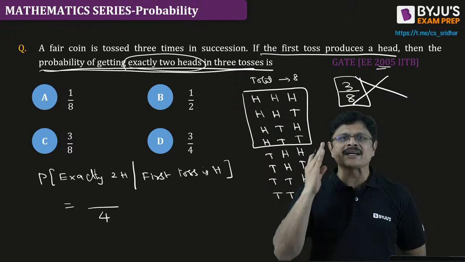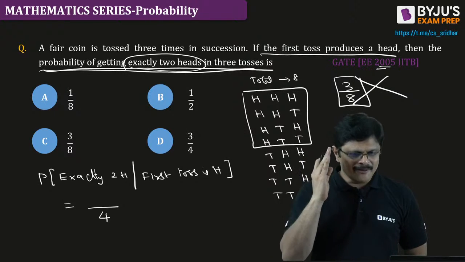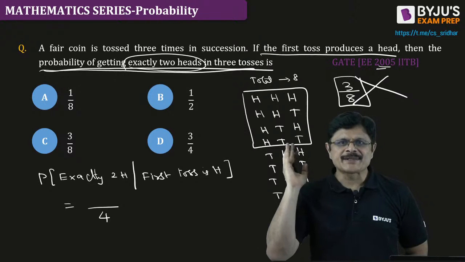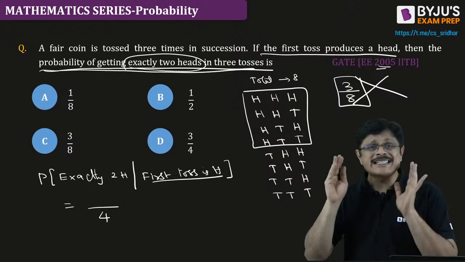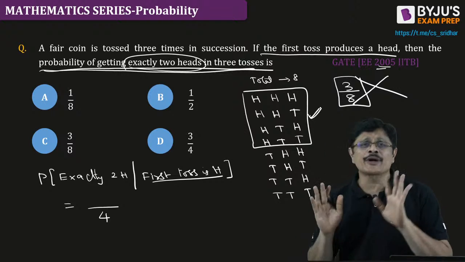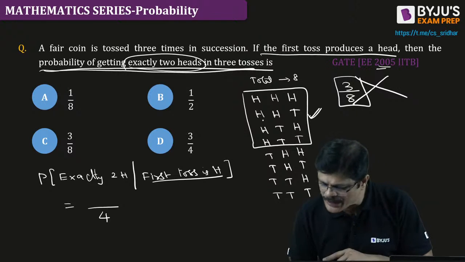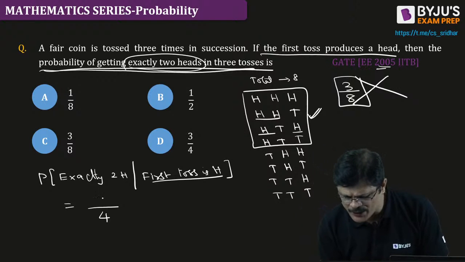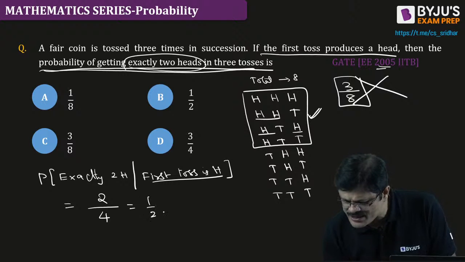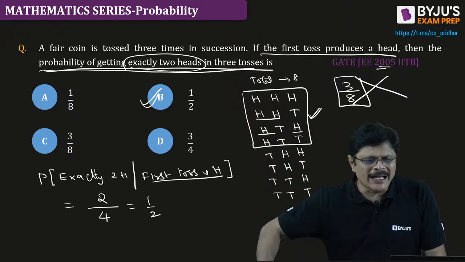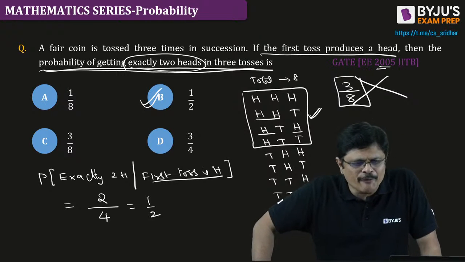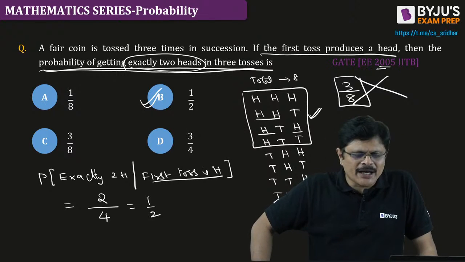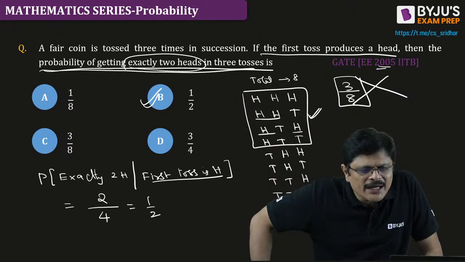They misunderstand conditional probability and make mistakes. So here the story is, first toss is head means only these 4 cases happened. In that, exactly 2 heads, how many cases? Only 2 cases. So the answer is 1 by 2. Few people answered beautifully like John. Very good, sir. John rocked wonderfully. Lalit Yadav corrected. Shivananda corrected.